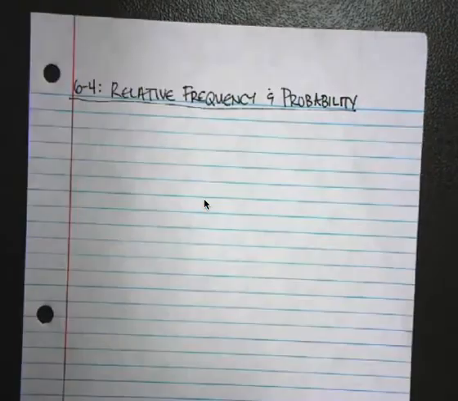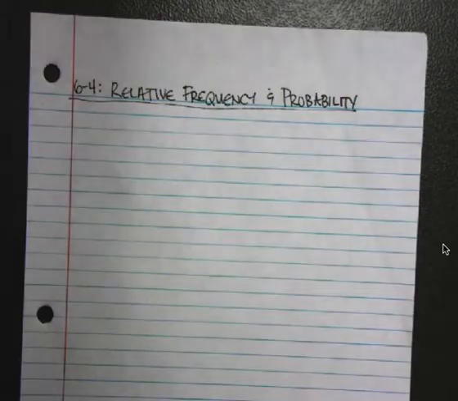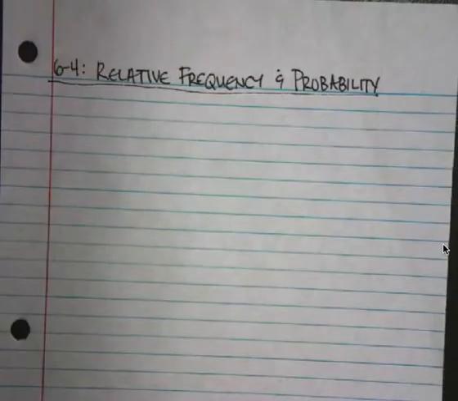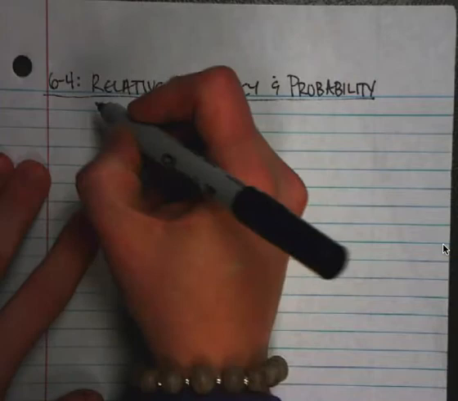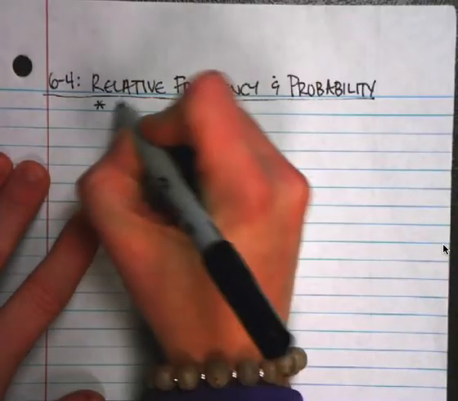Hopefully this sounds familiar because the activity that you did prior is all about relative frequency and probability. So in this lesson, we're just hopefully going to solidify some of those ideas that you gathered while doing the activity. The big thing I want out of this lesson is to understand the difference between these two things.